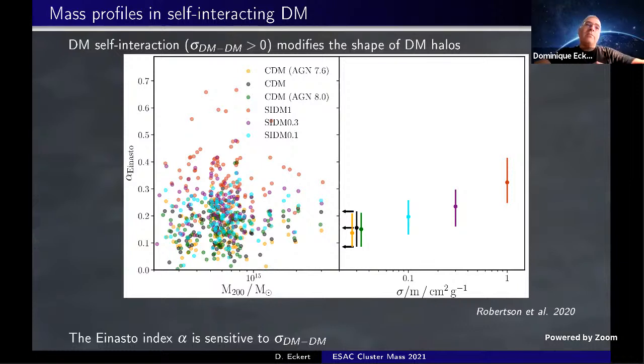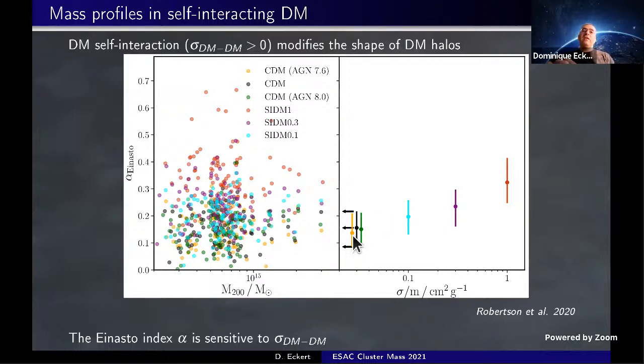Okay, this is a plot from simulations where each point is a simulated system. Actually, many times you start from the same initial conditions, so you have the same system simulated with various physics. Here these are both CDM but with various physics, and now this is by changing the self-interacting dark matter cross-section. We take the actual particle data from the simulated halos, fit the shape, and measure the Einasto alpha parameter for each of them.